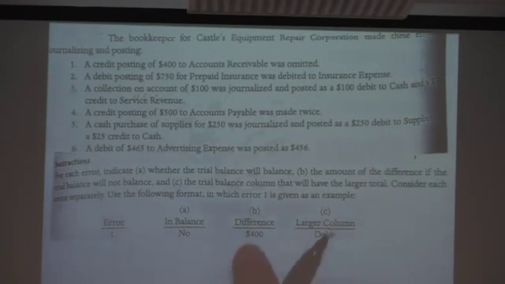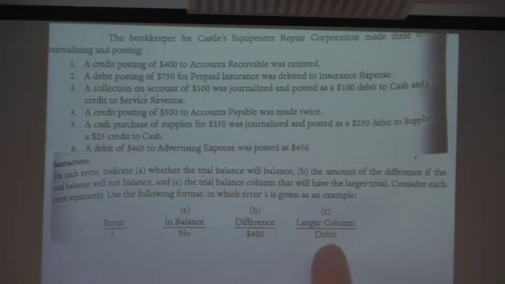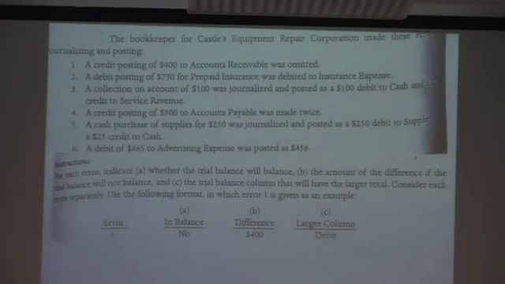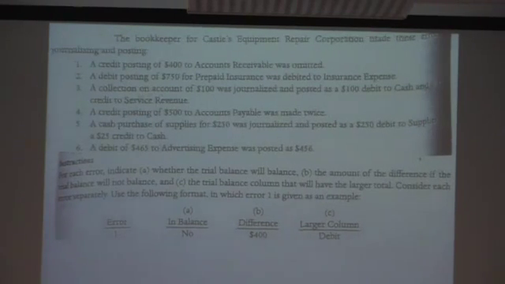And which side of the trial balance is larger, the debit or the credit? Because we forgot to credit the accounts receivable account, and accounts receivable is a debit balance, the larger side of the trial balance is going to be the debit side. So that's the first error, and they've given us the answer for that.